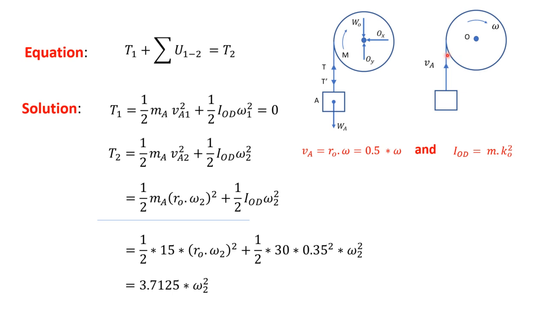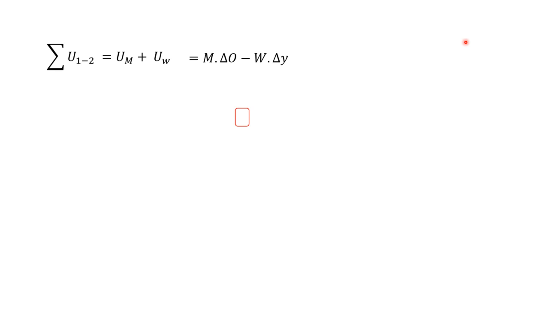The work for the mass is going to be the weight multiplied by delta y, and for the moment it is going to be the moment multiplied by delta theta. These are the two works we have.